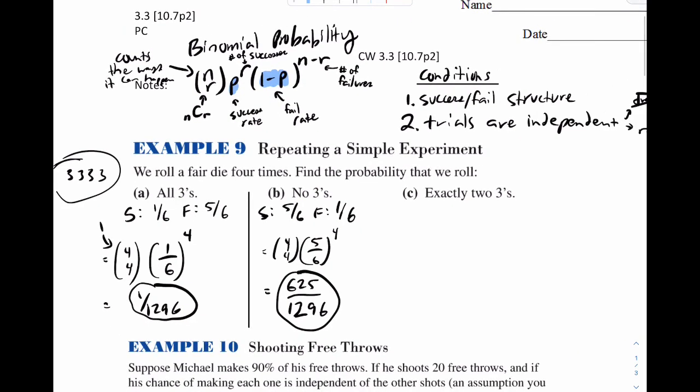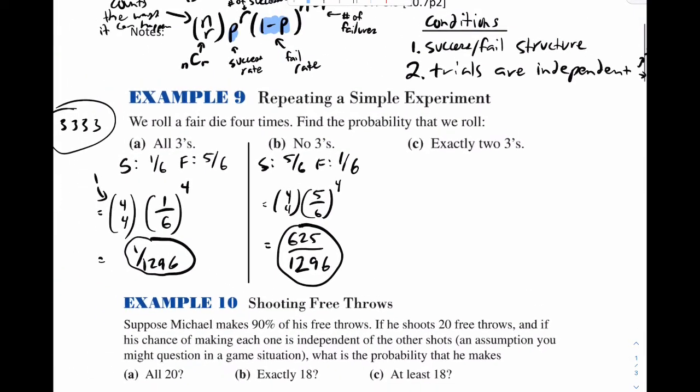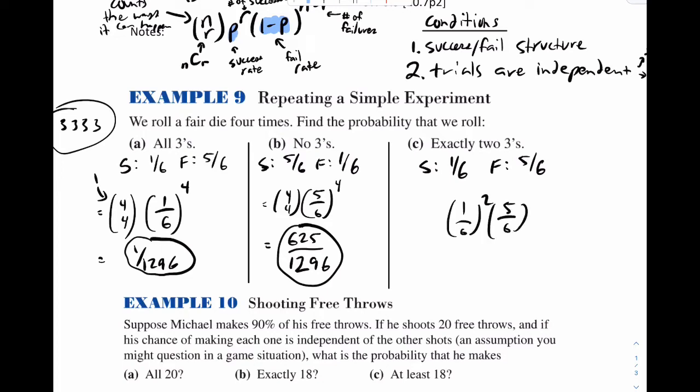Exactly 2 threes. So now we go back to the other success fail structure. So we want a 3, meaning your success is 1/6, and your fail rate is going to be 5/6. Now in this problem, we are going to see the choose function work here because we want to succeed twice. So 1/6 squared, that means we're going to fail twice.